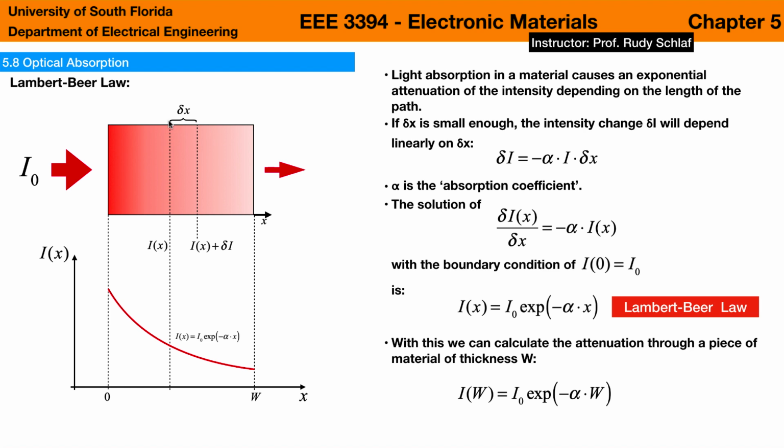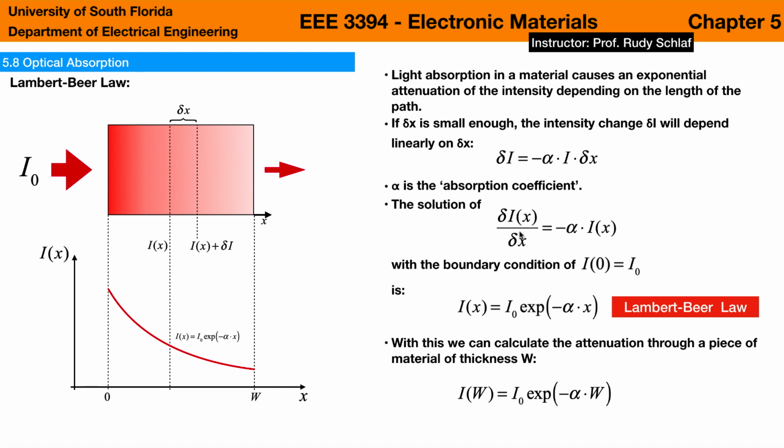So if we look at a thin slice of the material that has the thickness delta x, we can say that delta I, the change of the intensity of the light when it goes through that slice, is minus alpha, where alpha is the absorption coefficient, times the intensity with which we go in, multiplied with the thickness of this slice. And if we rearrange this a little bit, then we get this differential equation here.